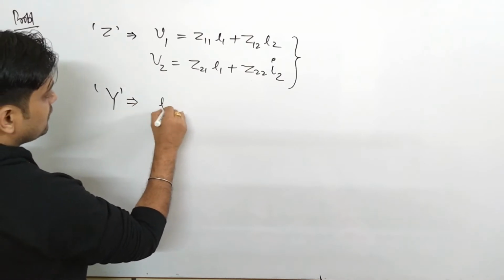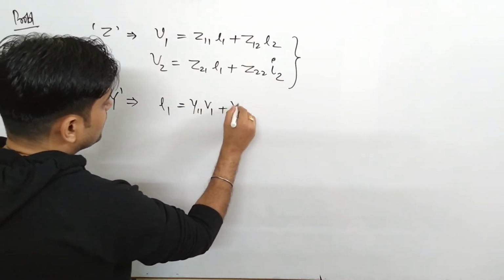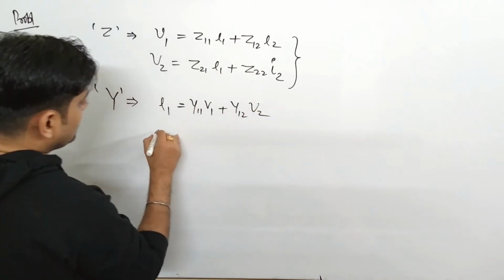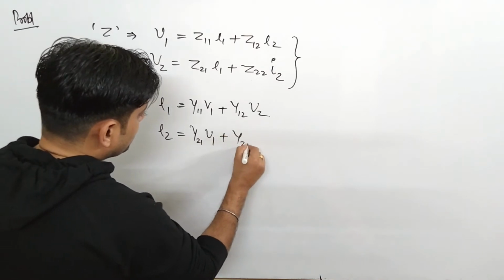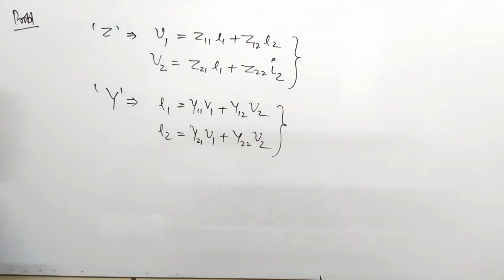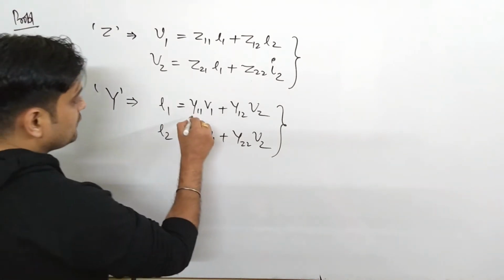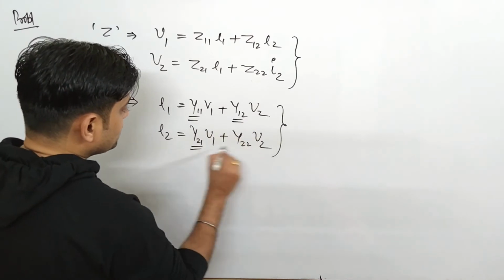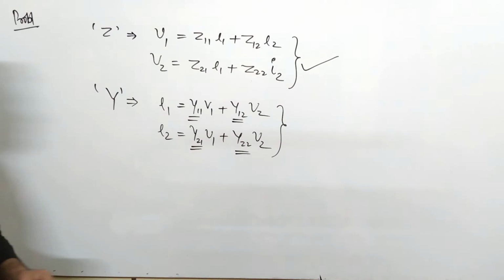However, you know the equations of Y parameters: I1 is equal to Y11 V1 plus Y12 V2, and I2 is equal to Y21 V1 plus Y22 V2. So now you have to find Y11, Y12, Y21 and Y22, when this is given here.